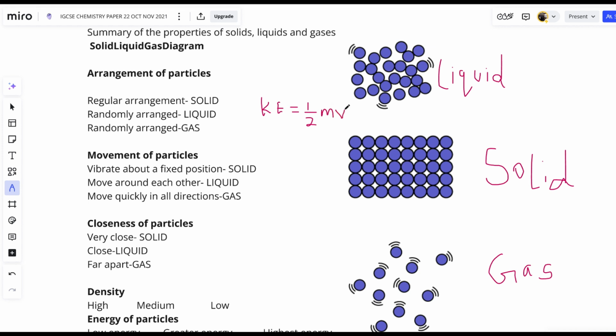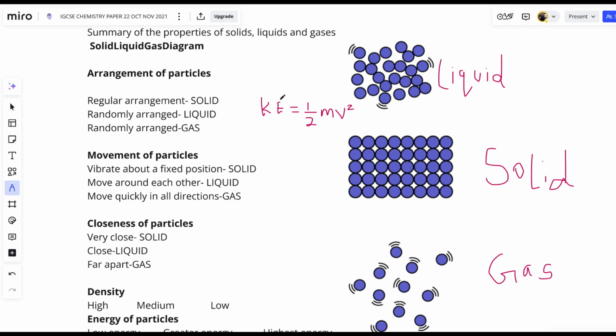This is the formula for kinetic energy. And this v is the speed or velocity. So when temperature increases and the speed of the particles increases, they move very fast and randomly. You can see kinetic energy is directly proportional to speed. So if the speed increases, kinetic energy will increase.